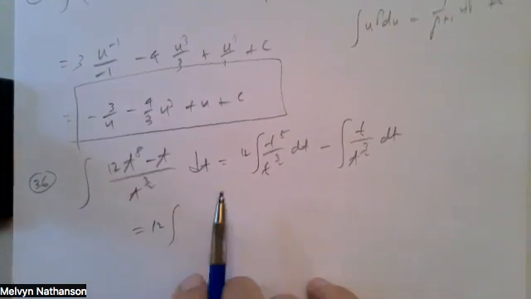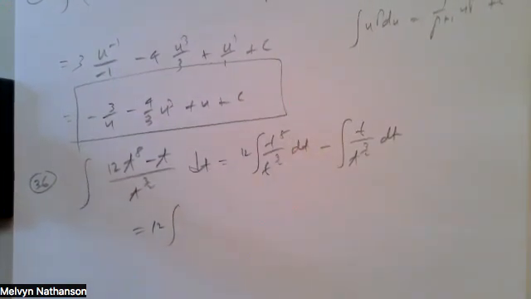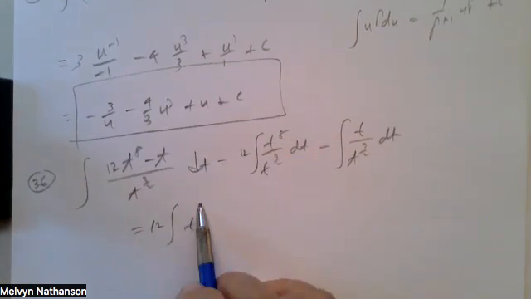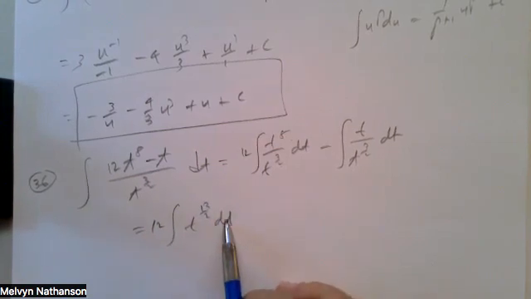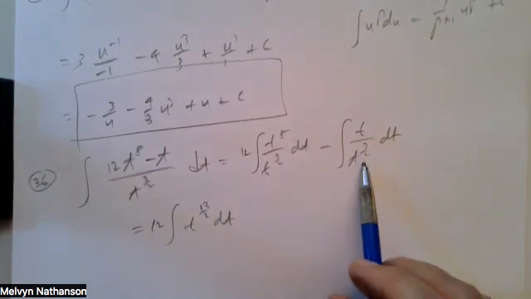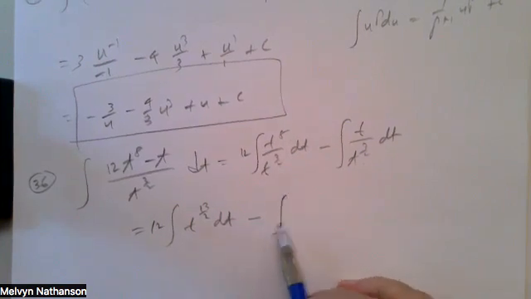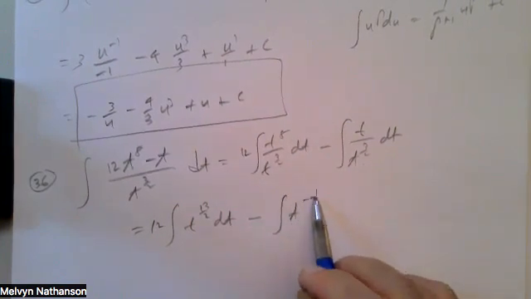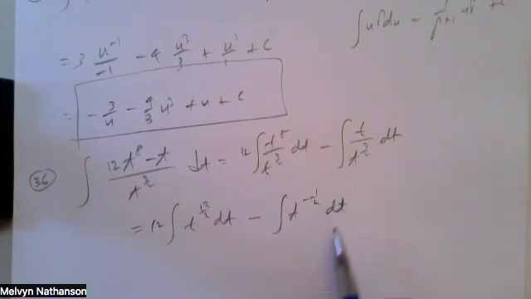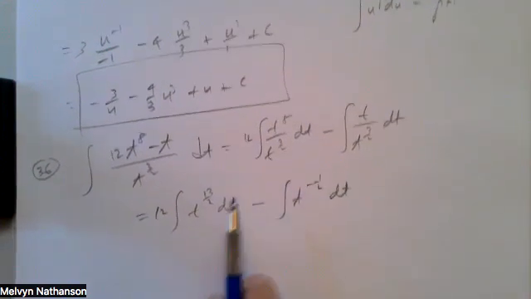This is 12 times the integral, and 8 minus 3/2 is 13/2. And t over t to the 3/2 is t to the minus 1/2. So again, I use the power rule. Here, p is equal to 13 over 2.